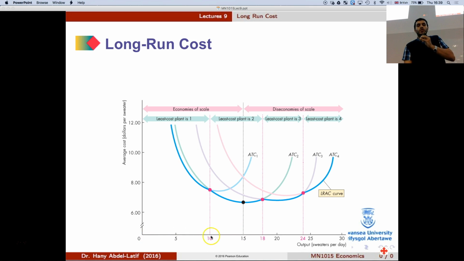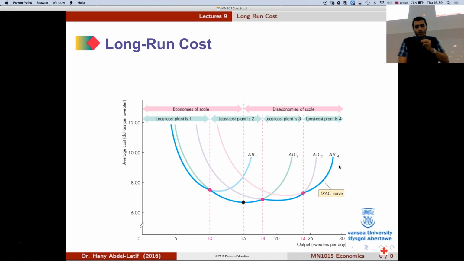Because as we increase output, the average cost curve is decreasing. After this point, which is 15 here, we have diseconomies of scale, because as you increase output, the long run average cost is increasing. Okay? So if you have some point where it is flat, this will be constant returns to scale.